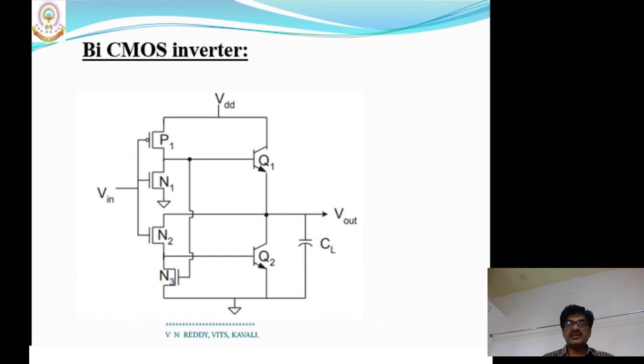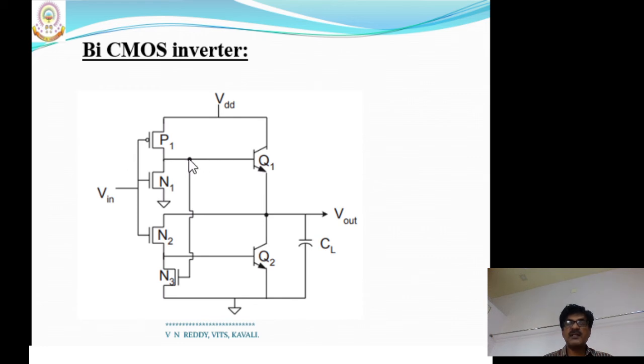Whereas there is another transistor, N3, through which the base of transistor Q1 is grounded. Is it on or off? That we will check. Since the transistor N2 is in on state, it switches on the transistor Q2 because it drives the base of transistor Q2. So Q2 is switched on, whereas Q1 is switched off.